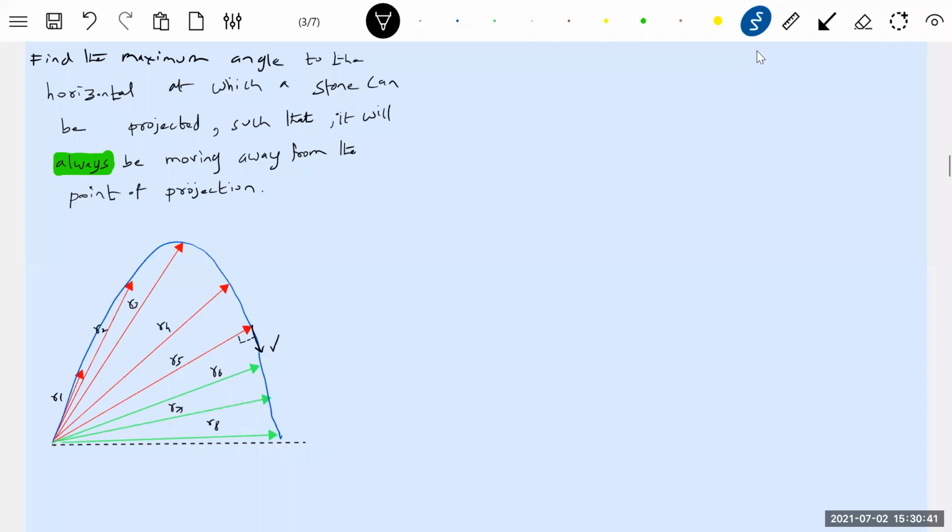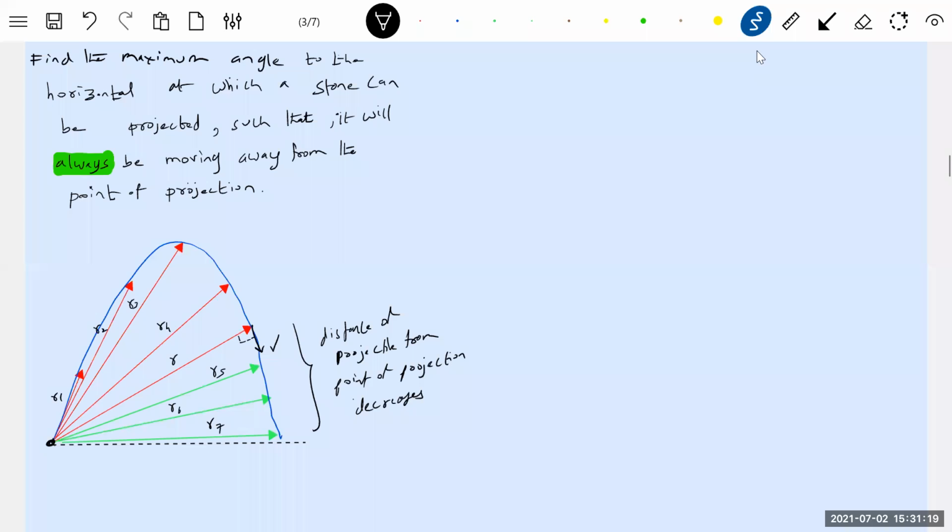If I check it, R bar is perpendicular to, let me write only R bar. This will become R5, R6, R7. From here to here, the distance of the projectile from the point of projection decreases.